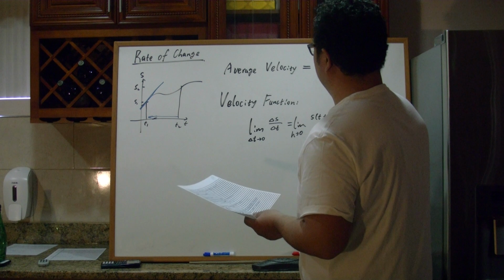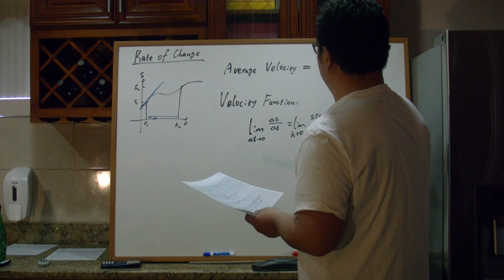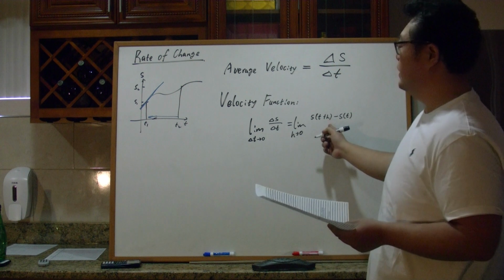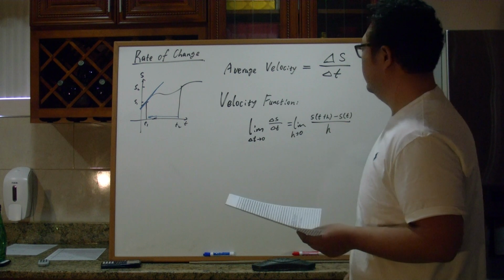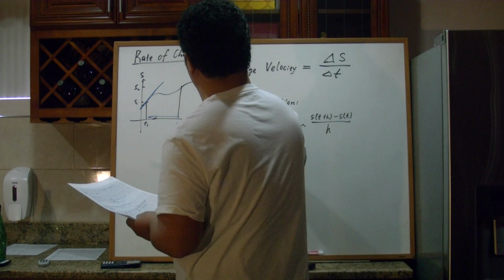In the view of calculus, the difference of the position at t plus h over the difference of time h is called the velocity function.